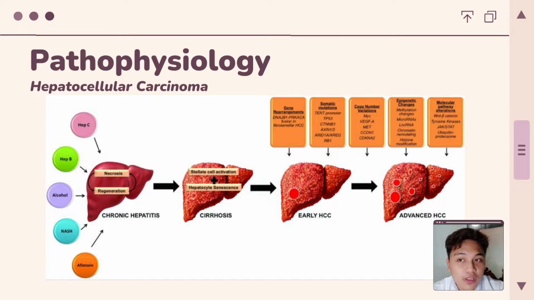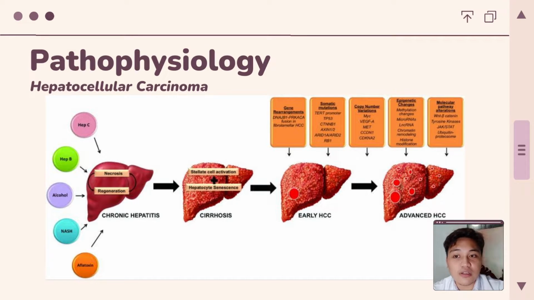Now, for the hepatocellular carcinoma, chronic exposure of the liver to injury from viral hepatitis, alcohol abuse, or NASH causes repeated hepatocyte damage and sets up a vicious cycle of cell death and regeneration, which eventually results in cirrhosis.